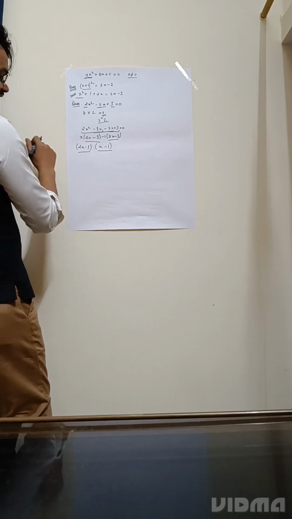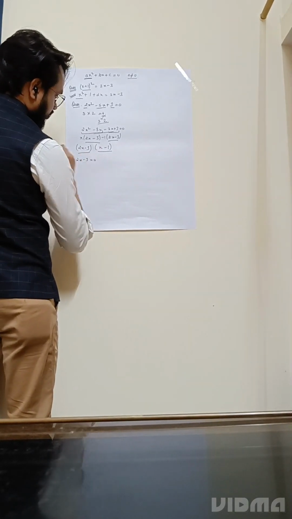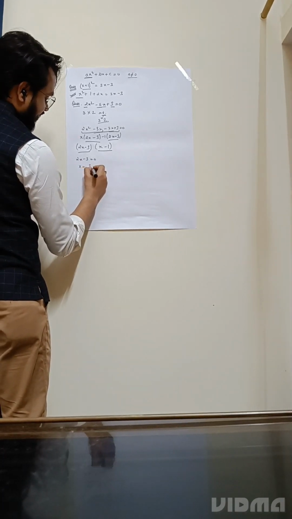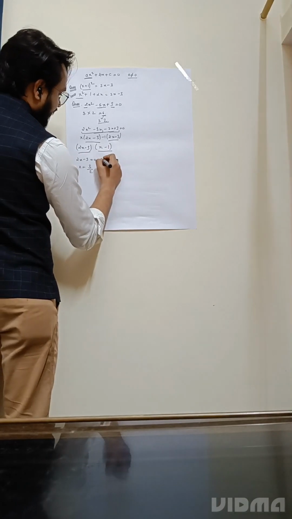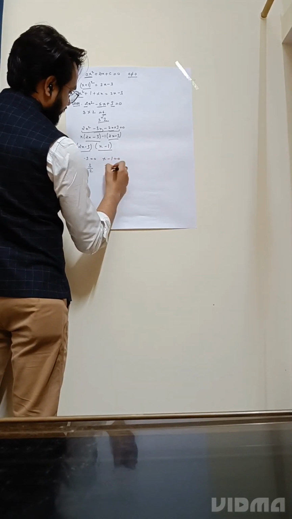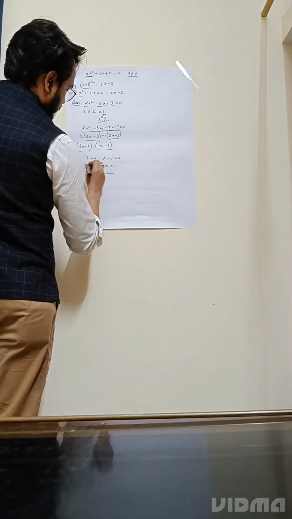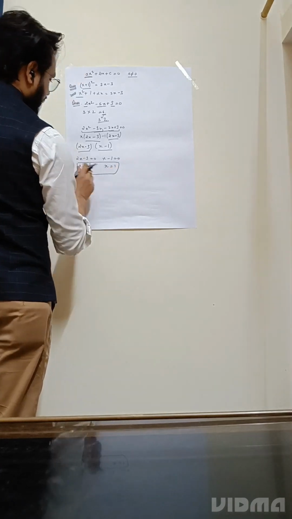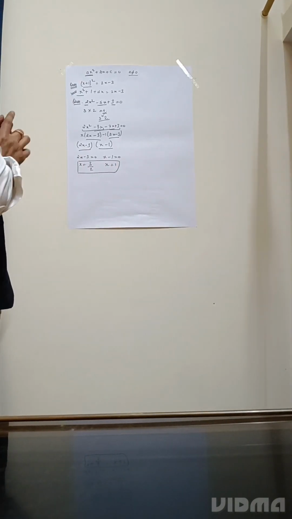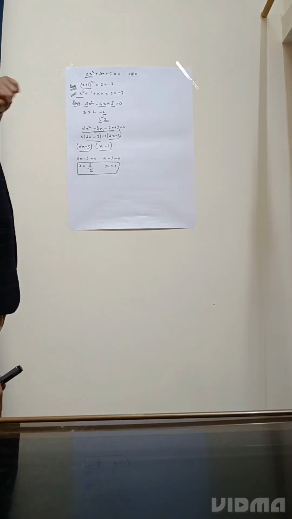When we equate these factors with 0, 2x minus 3 equal to 0 gives the value of x as 3 by 2. And when we equate the other factor with 0, this gives the value of x as 1. Now we have two roots of this equation, that is 3 by 2 and 1. And we can cross check by putting these values in the equation, and the equation becomes 0.